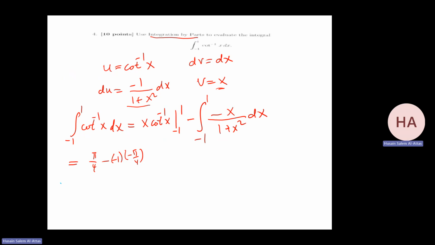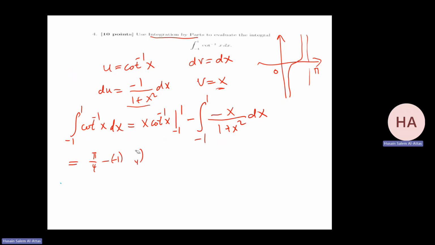Yeah, cotan inverse is defined from where to where? From 0 to pi, huh? Yeah, when they define the cotan inverse, this is the cotan inverse, from 0 to pi. So I need it from 0 to pi.